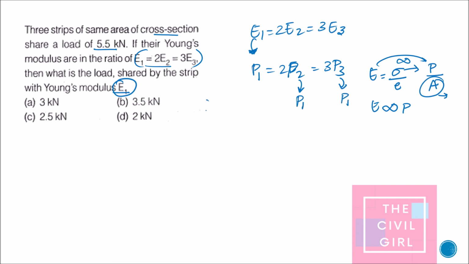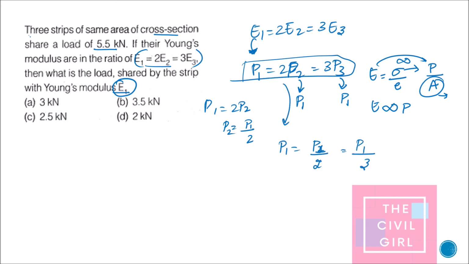So this becomes P1 is equal to 2P2, which means P2 is equal to P1 by 2, right? So this equation becomes something like this. They have also told that the load shared is 5.5, which means this plus this plus this is equal to 5.5. So this becomes P1 plus P1 by 2 plus P1 by 3 is equal to 5.5.